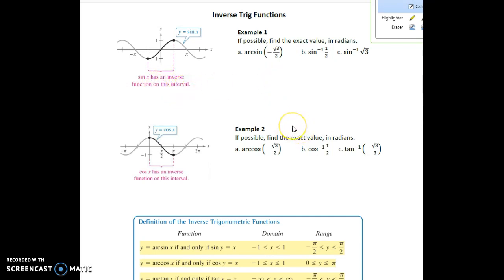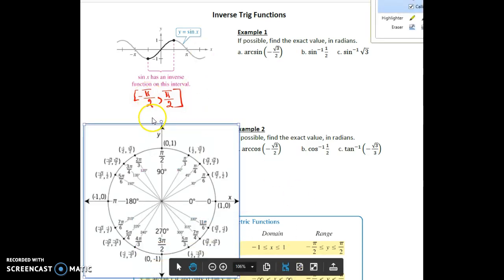Let's go ahead and write what the interval is. The only place that sine of x has an inverse function on is the interval of negative pi over 2 up to positive pi over 2. So if you think of the unit circle, let me pull that up.